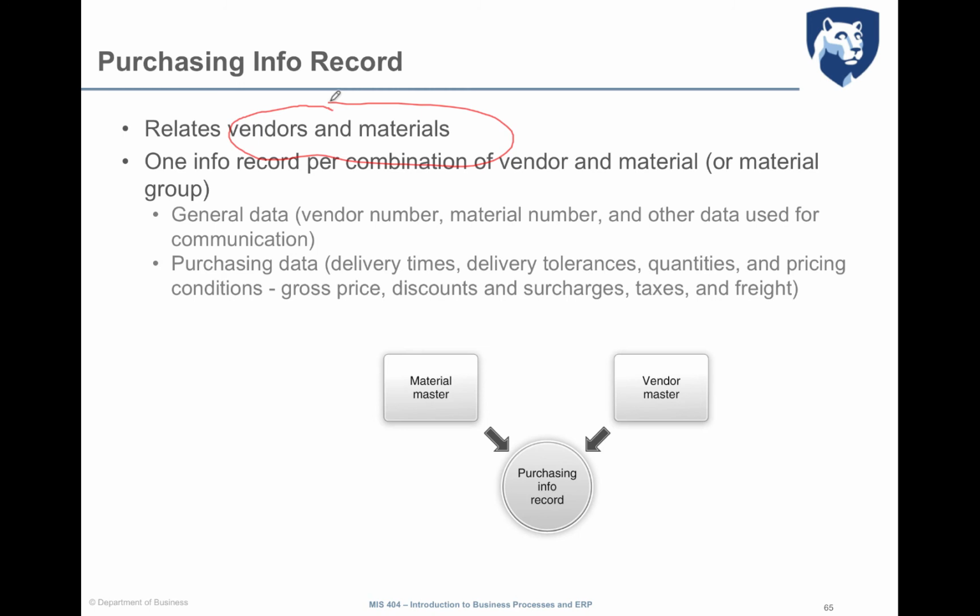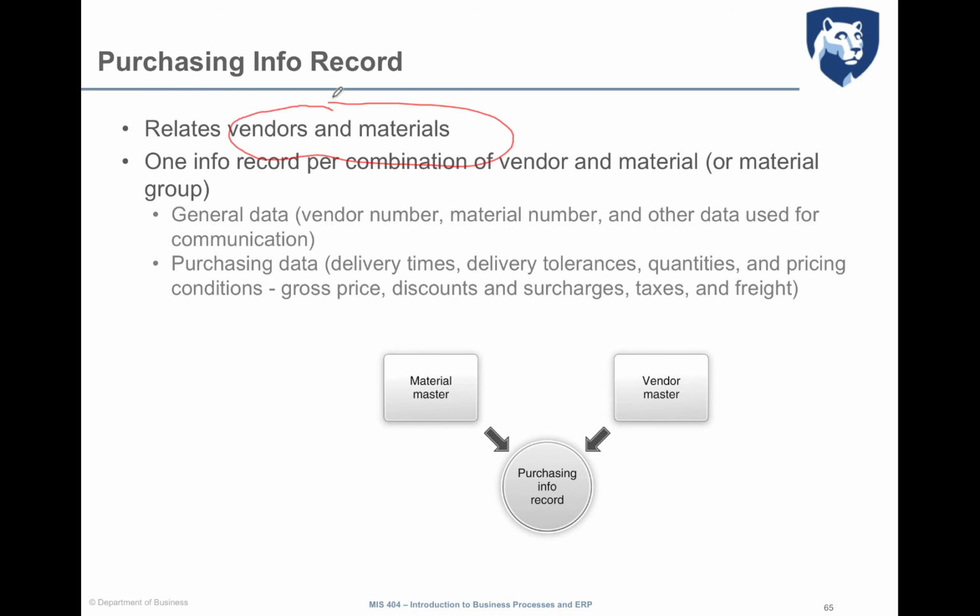An info record contains data which are specific to one vendor and one material or material groups, and they can include data that are in the vendor master and the material master, or just some combination that are relevant for vendor and material. The data in the info record can be distinguished between general data and purchasing data.